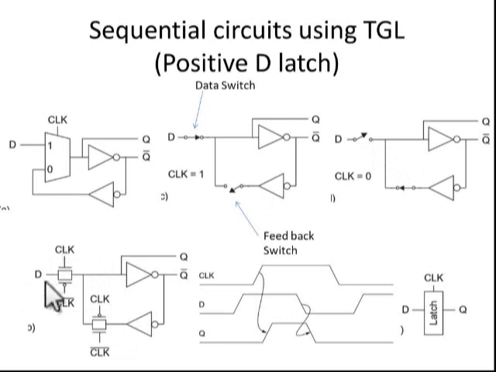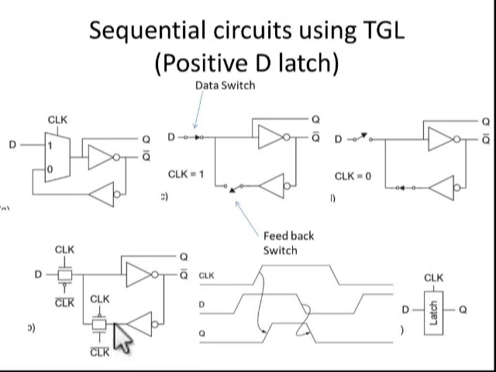As I told you, this is the data switch and this is the feedback switch. When clock equals 1, the data switch should be on, so the gate of the NMOS should be connected to clock and the gate of the PMOS is connected to clock bar. The feedback switch is closed when clock equals 0, so the gate of the NMOS is connected to clock bar here.